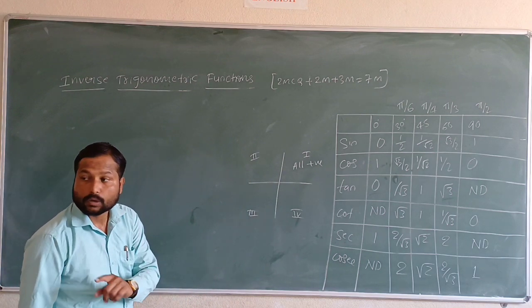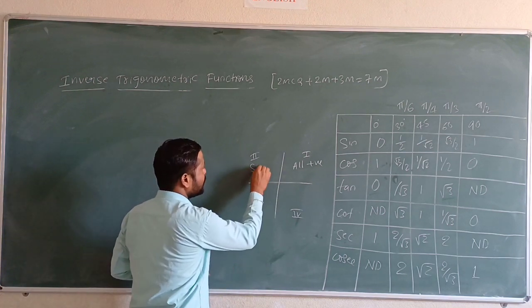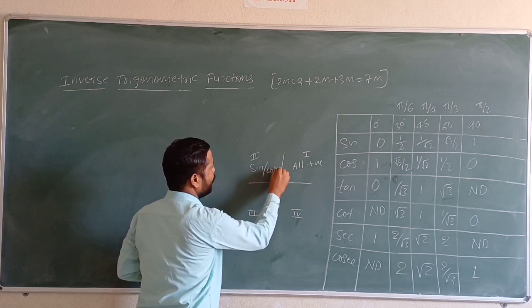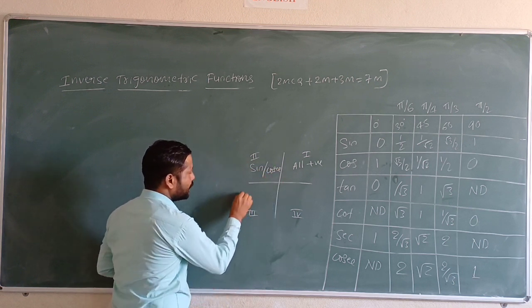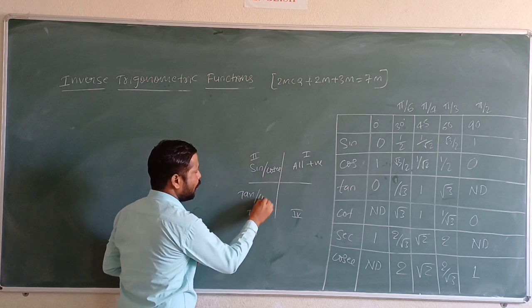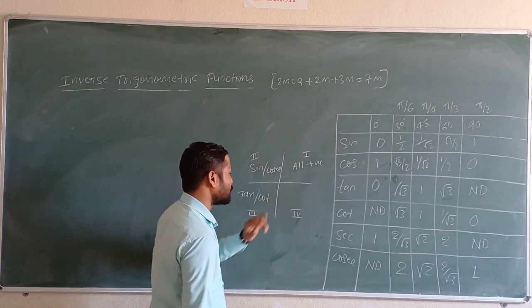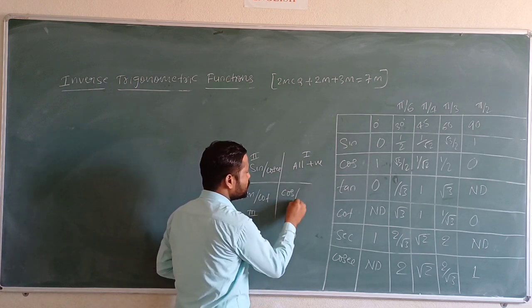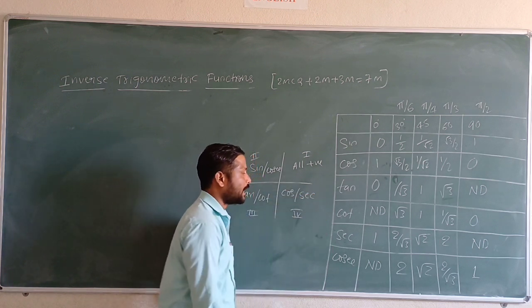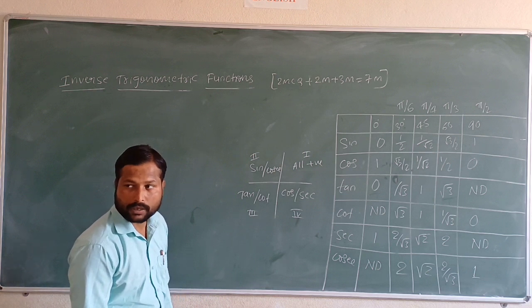Sine and cosec are positive. In the third quadrant, tan and cot are positive, remaining are negative. In the fourth quadrant, cos and secant are positive, remaining are negative.